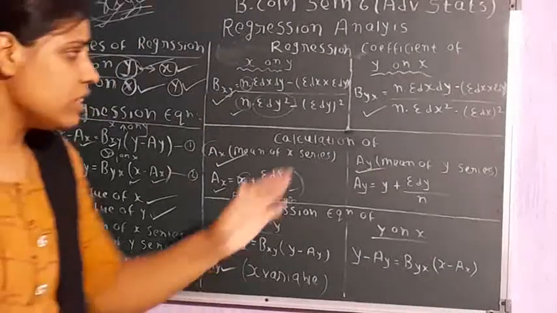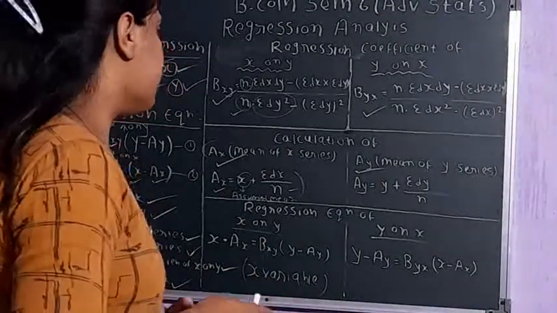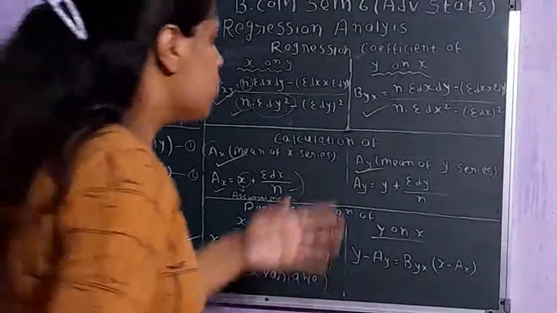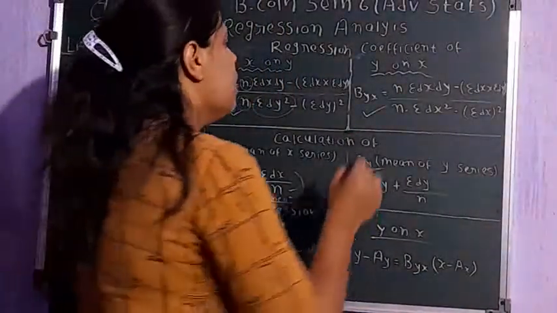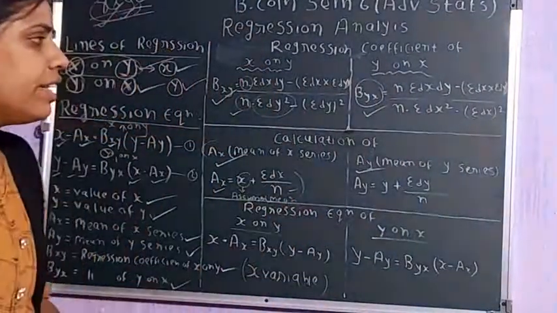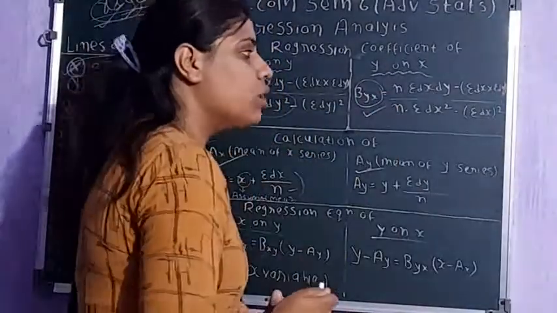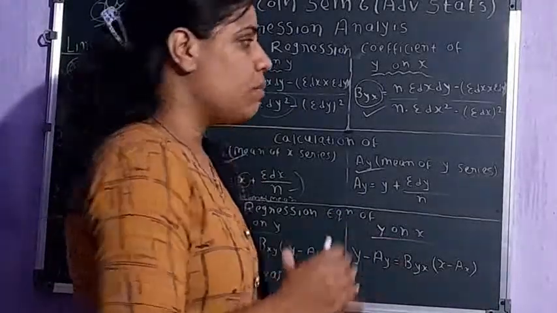Then, how do we calculate the regression equation of y on x? Here again we need b y x, which means the regression coefficient of y on x. How do we calculate it? We use this formula: n into summation dx dy minus summation dx into summation dy.